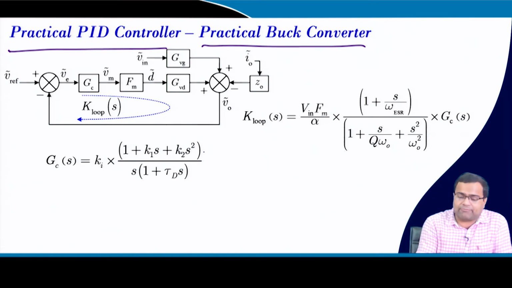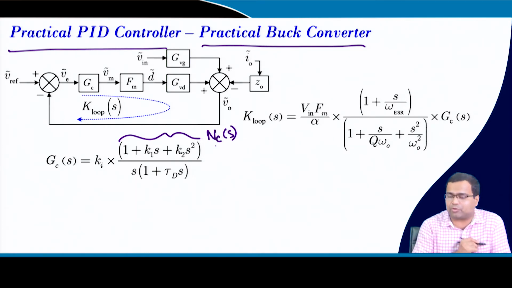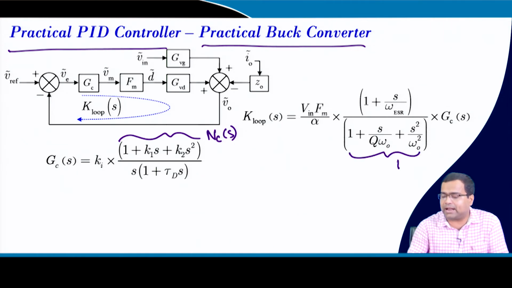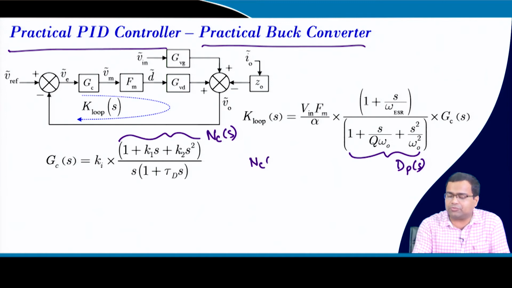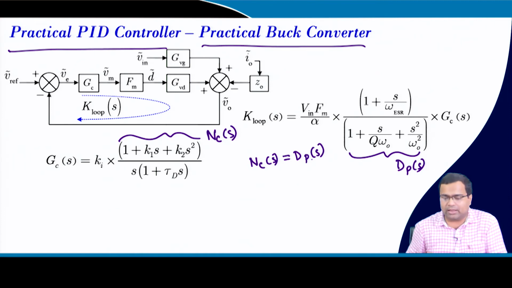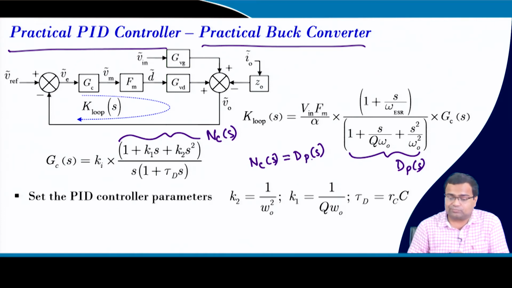So in the loop gain, our first objective is again stable pole zero cancellation. This is our controller numerator polynomial, and this is our plant denominator polynomial. So first, the controller numerator polynomial is set to the plant denominator polynomial. That means they cancel. If you do that, then K1 here will be equal to 1 by this, K2 here will be equal to 1 by ω_0.